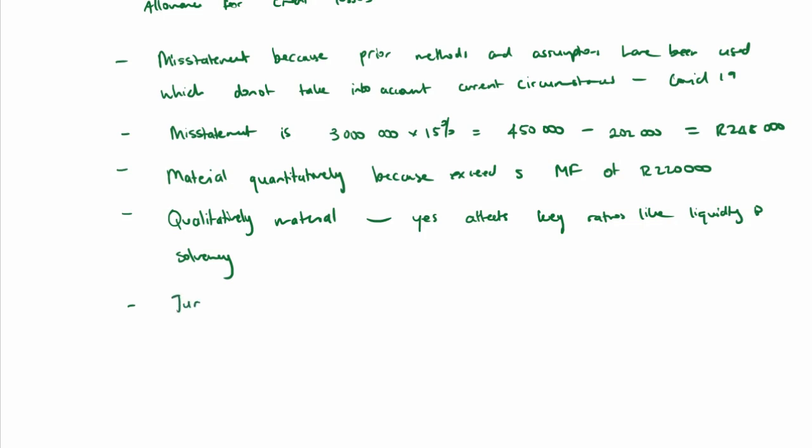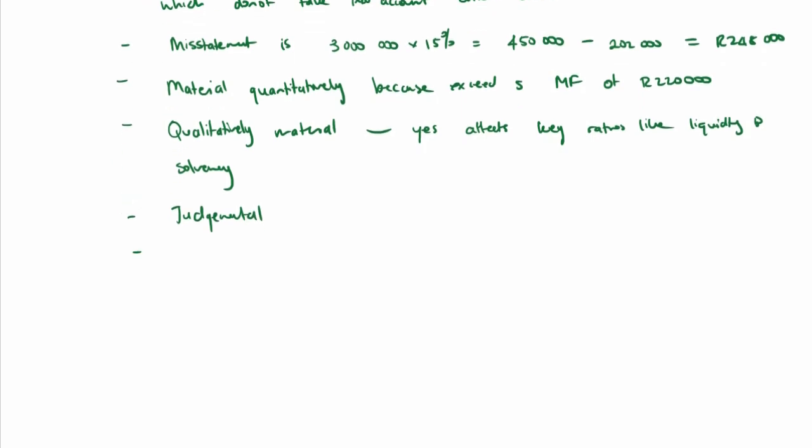It is judgmental, and therefore they might not adjust because it's based on their judgment versus ours. So the adjustment that I'm going to request is going to be to debit the allowance for credit losses of 248, credit trade receivables of 248, or debit credit losses, credit allowance for credit losses. Okay, I've just actually hit the trade receivable element automatically.